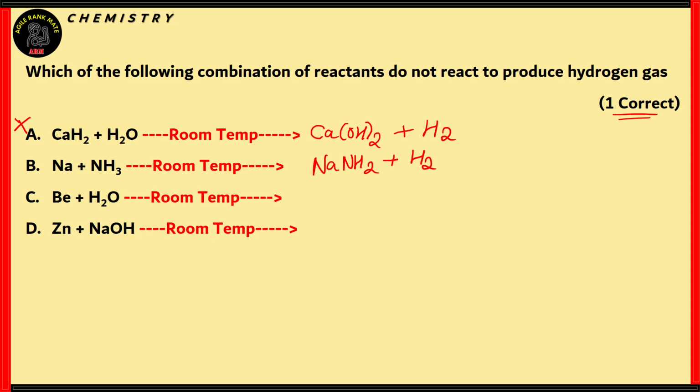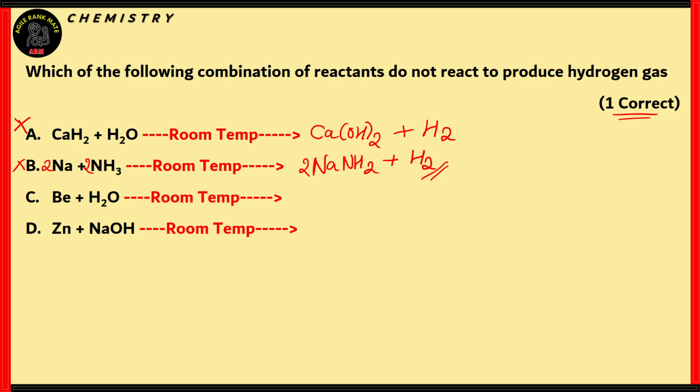This is also a double displacement reaction and also produces hydrogen gas, and if we have to balance it, we get 2Na plus 2NH3 gives 2NaNH2 plus H2. Now it's balanced. So since this reaction produces H2, option B is incorrect.